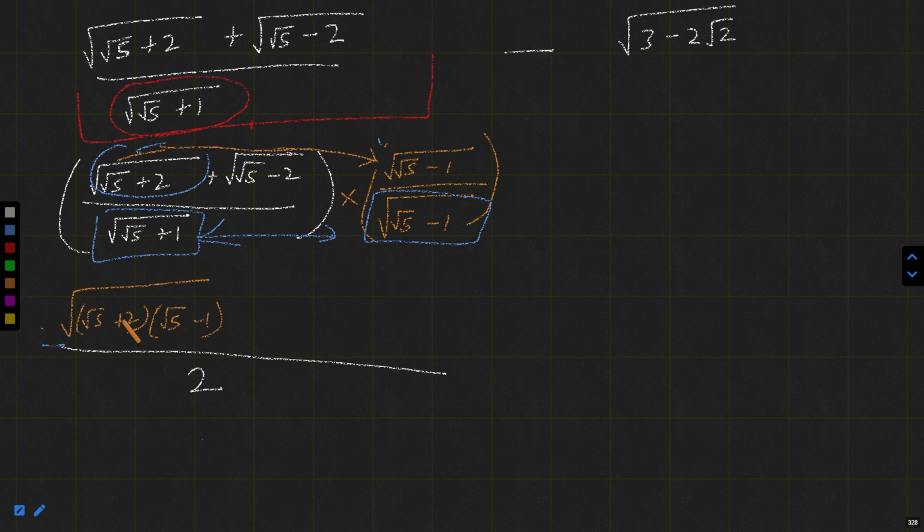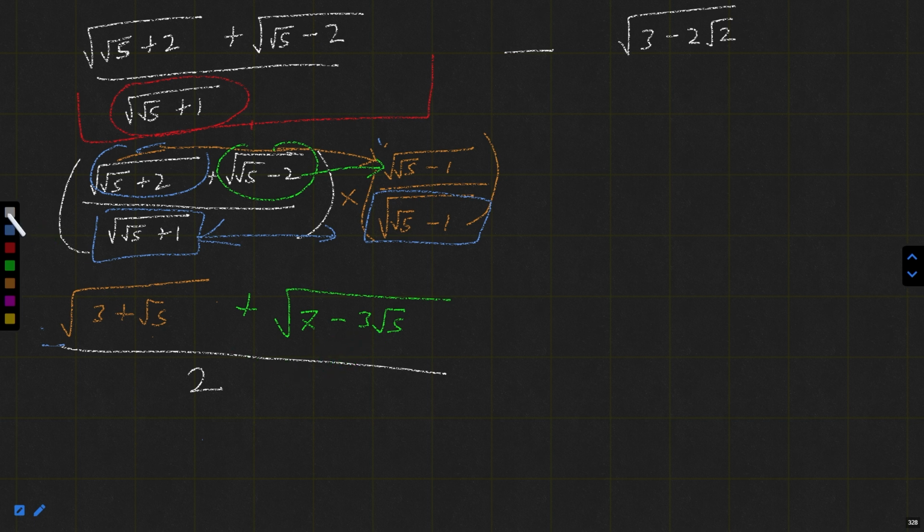I am directly multiplying it, and what it gives me is 3 plus root 5. In a similar manner this thing also gets multiplied, plus root of what it gives me, 7 minus 3 root 5. I hope these steps are clear.